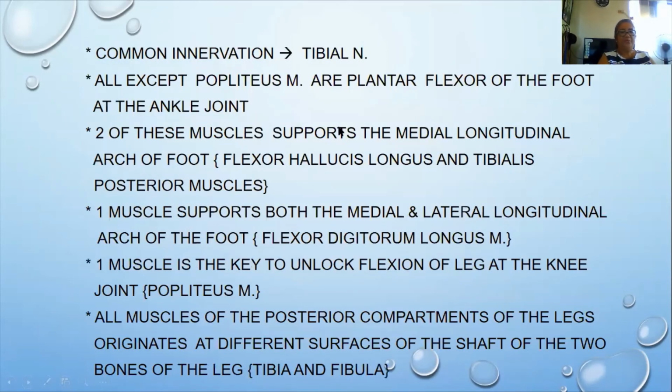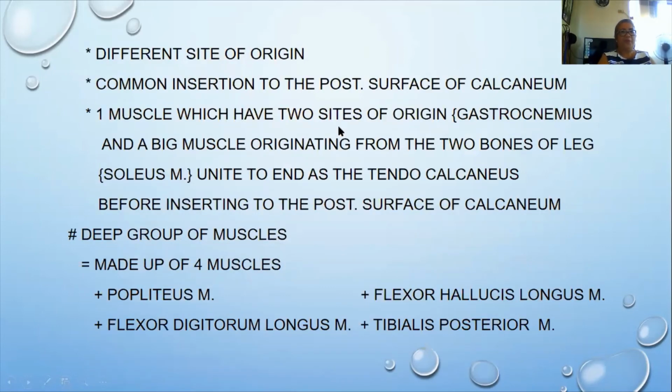So both your gastrocnemius and your soleus will unite to form a tendocalcaneus, and it will be the end of these two muscles, and they will insert into your calcaneum.